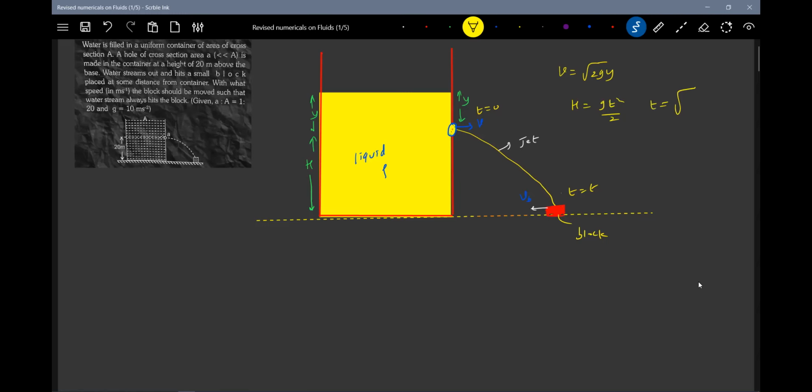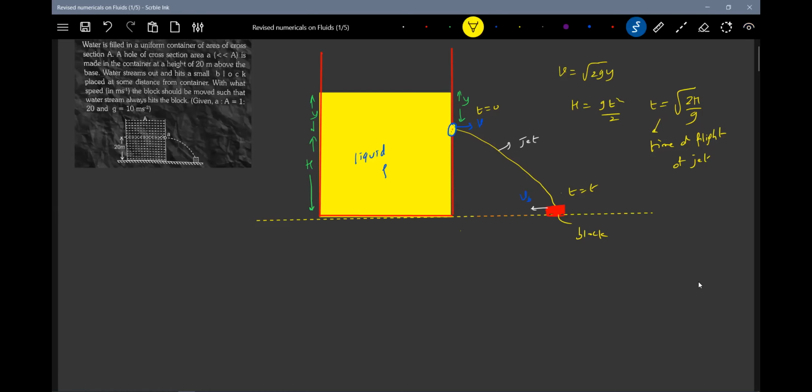So the time of flight of the jet will become root of 2h by g. After this time, the liquid which emerges from the hole will go and strike the block.